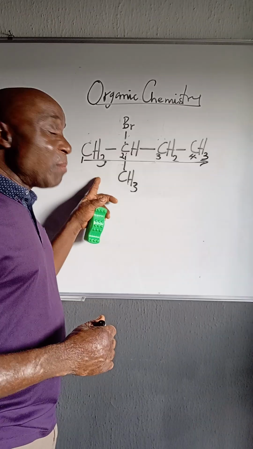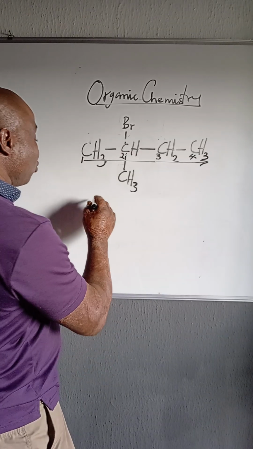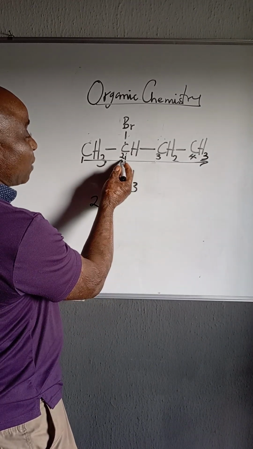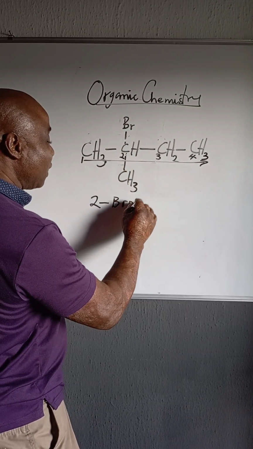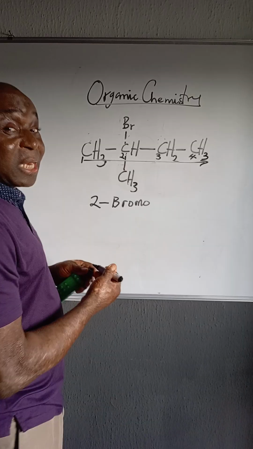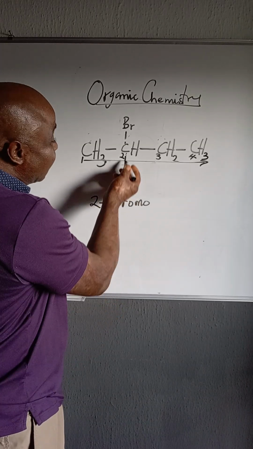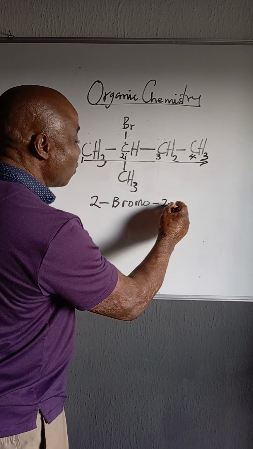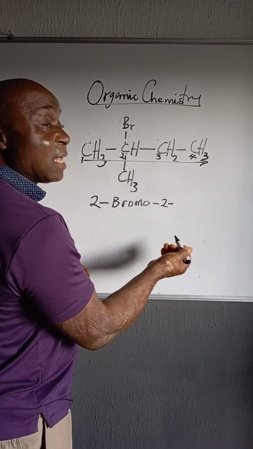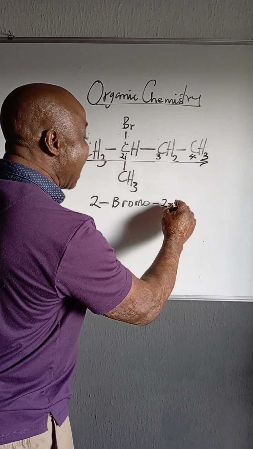So, to name this compound properly, we are going to have 2, because the second carbon is bearing bromo. 2-bromo. Remember what I told you, the use of a hyphen or a small dash. Then, the second carbon atom also bears the methyl group. We have 2 also separated by a small dash, methyl.